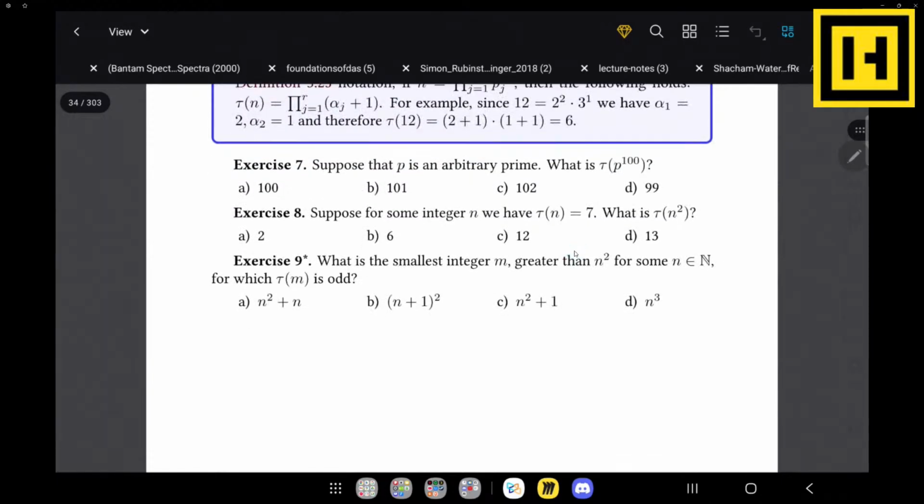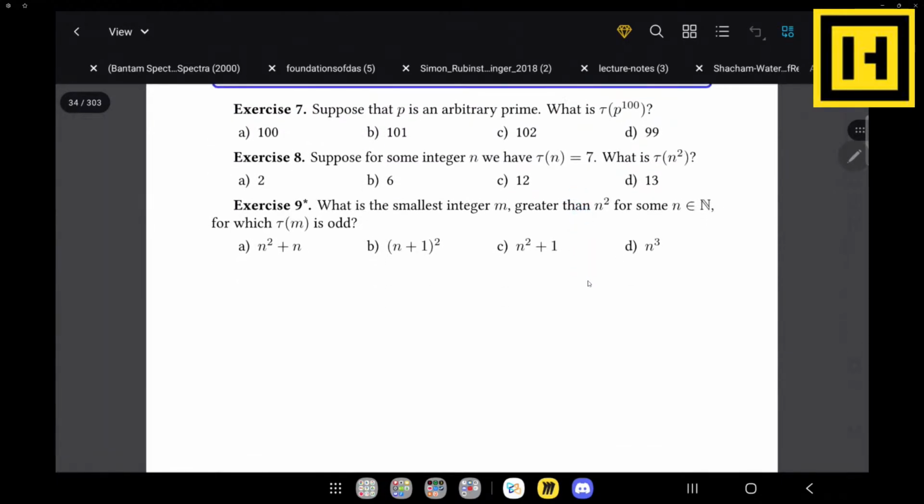Nine. What is the smallest integer m greater than n squared, for some n inside the natural numbers, for which tau of m is odd? Smallest integer m greater than n squared.